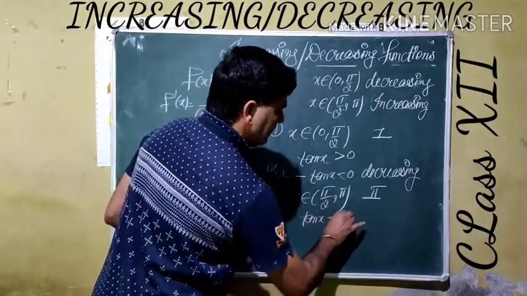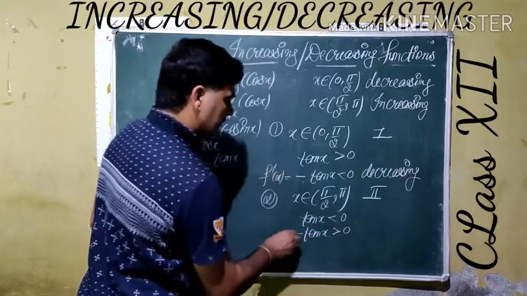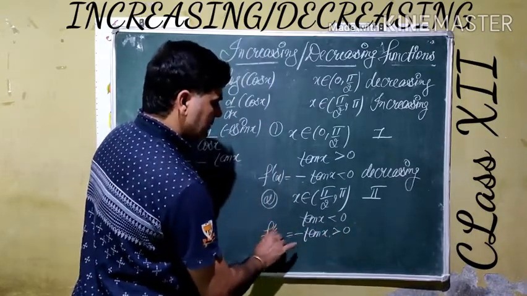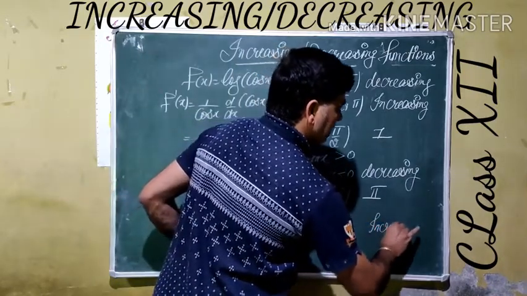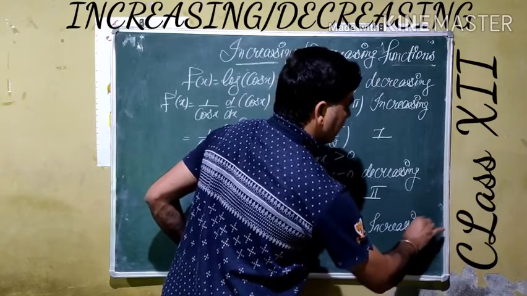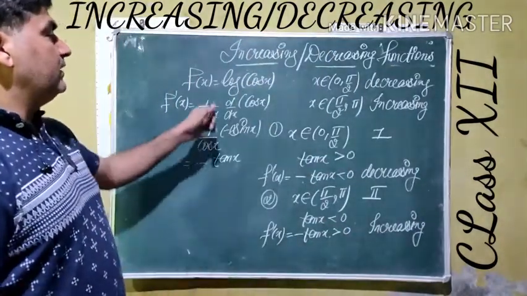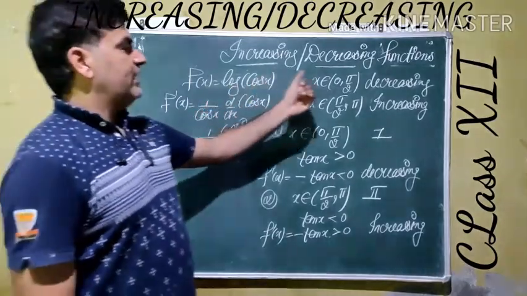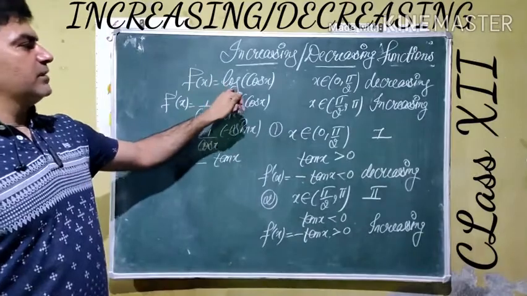So tangent theta is less than 0, the negative of it becomes positive, which means the first derivative comes out positive in this interval. So in this interval, the given function is a strictly increasing function. Like this, we can use the test of decreasing and increasing by the first derivative rule for a logarithm function.